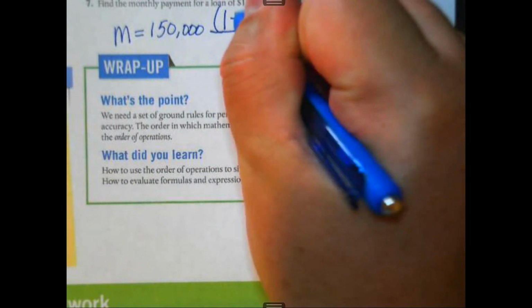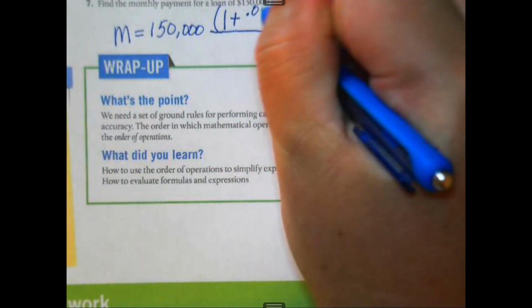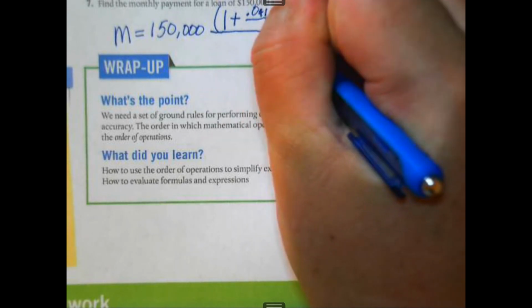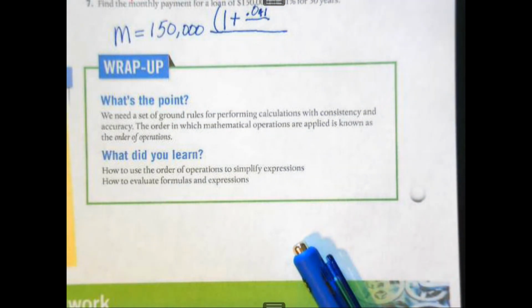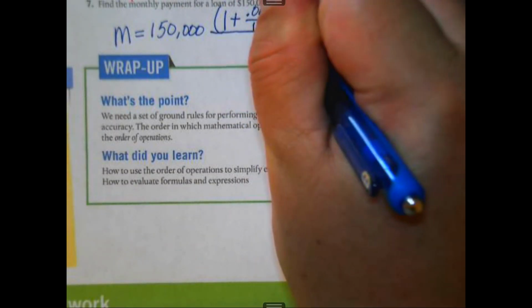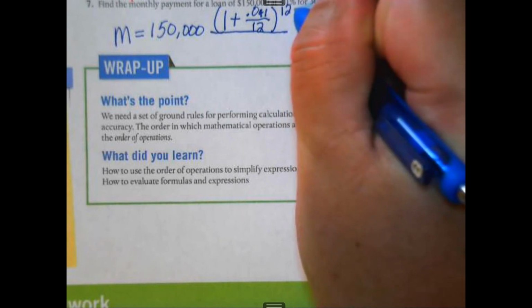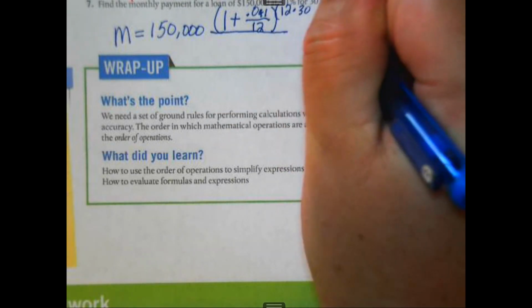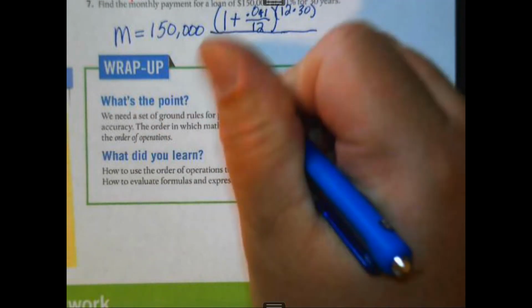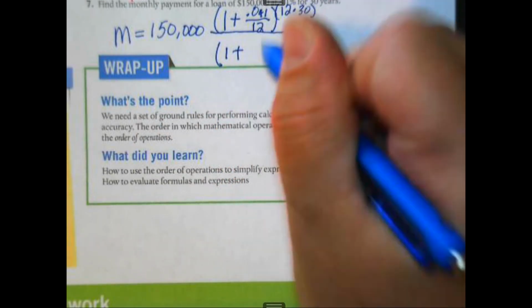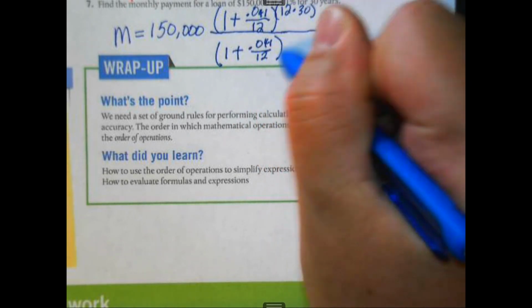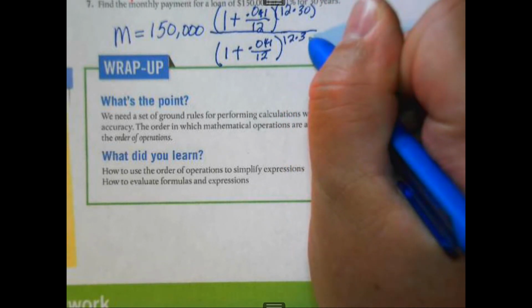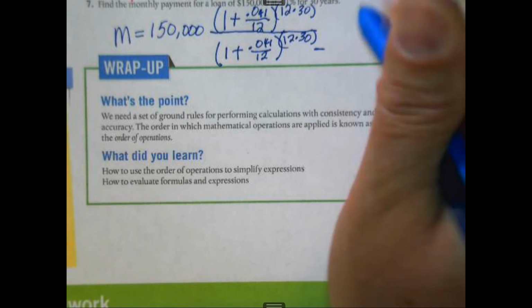I have 1 plus R, which is 0.041 divided by N, monthly, so I had 12. 12 raised to the 12 times T, which is 30, all divided by 1 plus 0.041 divided by 12 raised to the 12 times 30, minus 1.